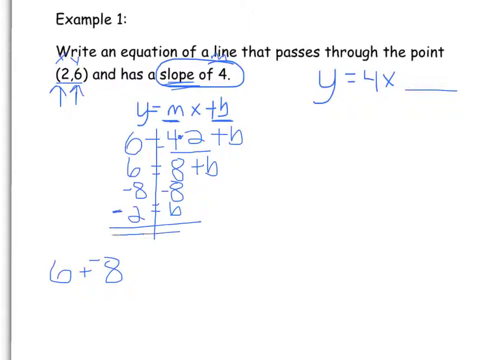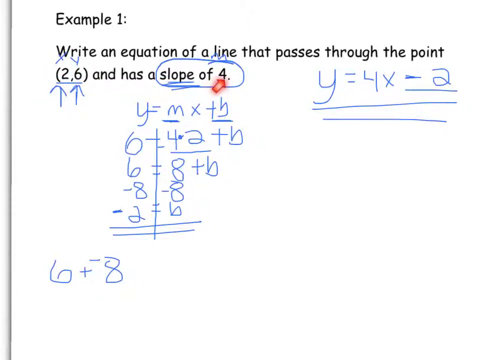So now I know what my b is, so I can put it back up here into the equation, -2. This is the equation for a line that passes through 2, 6 and has a slope of 4.